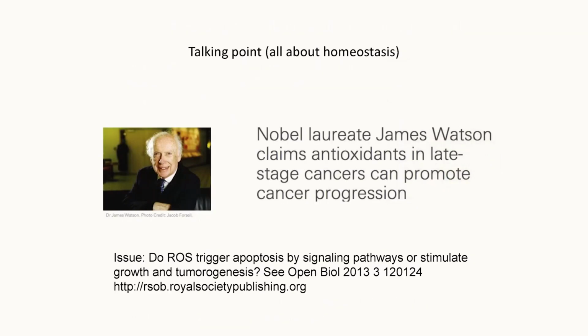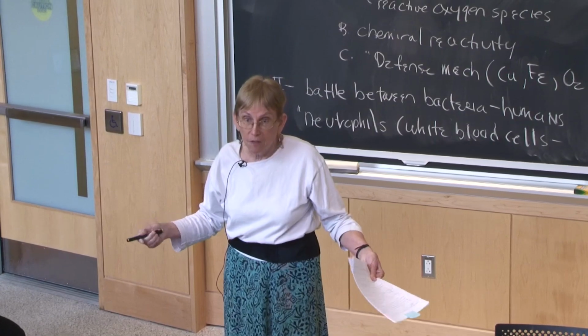So a second example of this also received a lot of press. This guy, everybody know who this guy is? The DNA guy, the famous, he's a male chauvinist pig, but the DNA guy. Anyhow, there's been a big fight: are reactive oxygen species good or bad in fighting cancer? Some people say it's the reactive oxygen species that eventually kill the cancer cells.